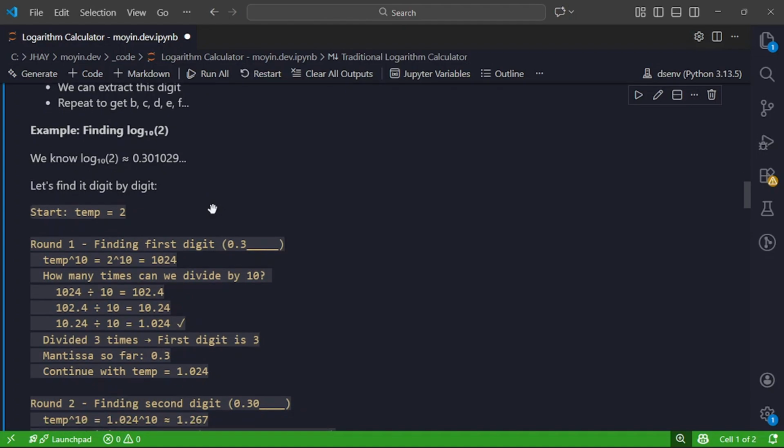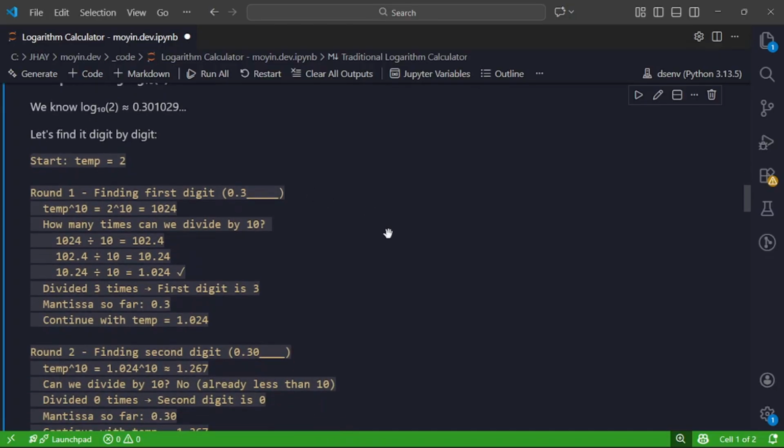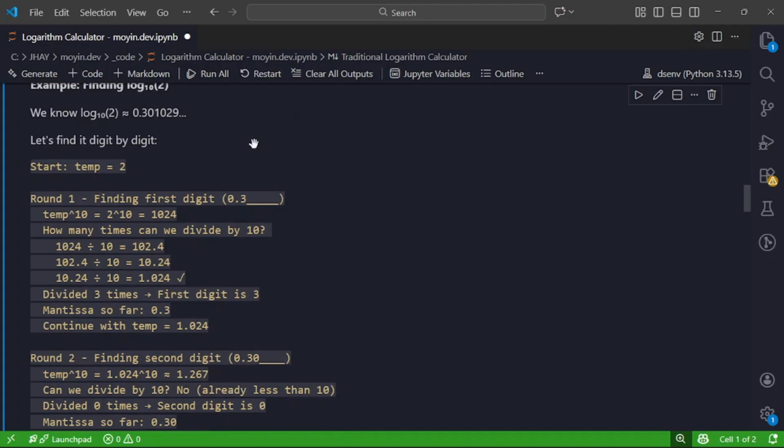So yeah, now for the first digit, we want to find how many times we can divide it by 10. Remember, when you do a logarithm of 2, it was 0.3 x prior.